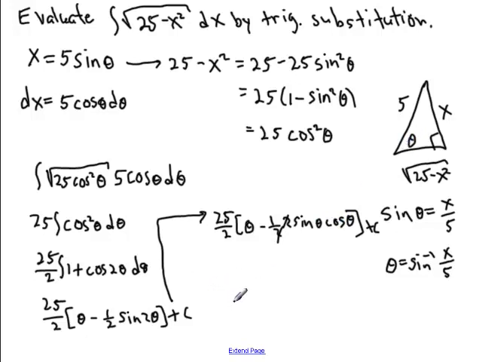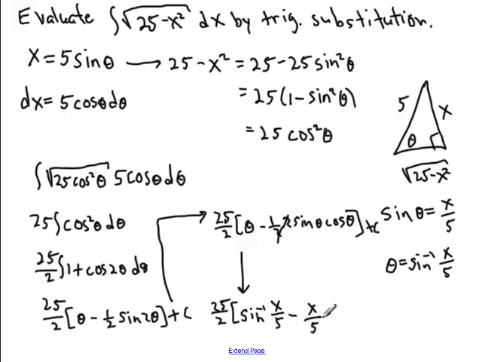So we have 25 over 2 times theta, which is the inverse sine of x over 5, minus the sine of theta times the cosine of theta. Sine of theta we know is x over 5, multiplied by the cosine of theta, which is root 25 minus x squared over 5.